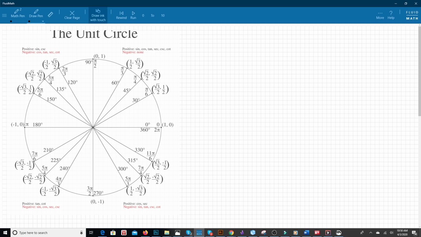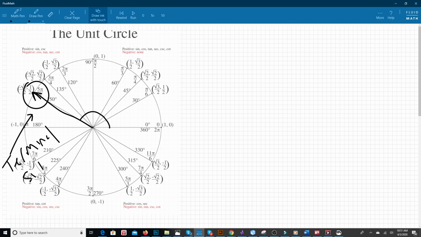All right, that's your unit circle, right? If we look at an angle like this, 150, it goes from here to here. This is known as a terminal angle. We call this part the terminal angle, or terminal side. And this is standard.